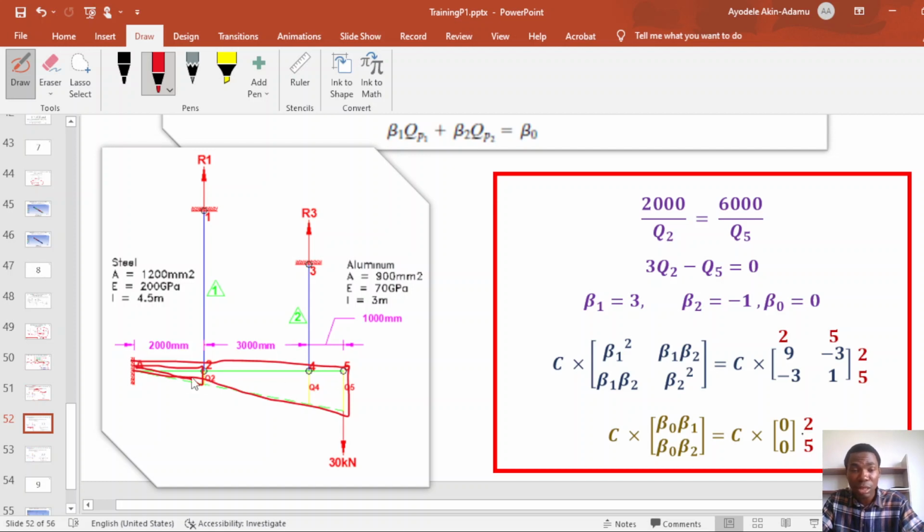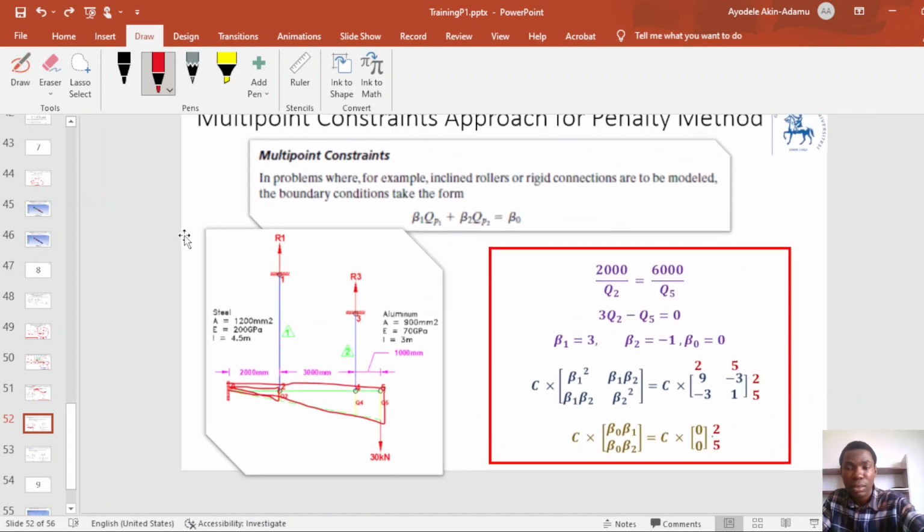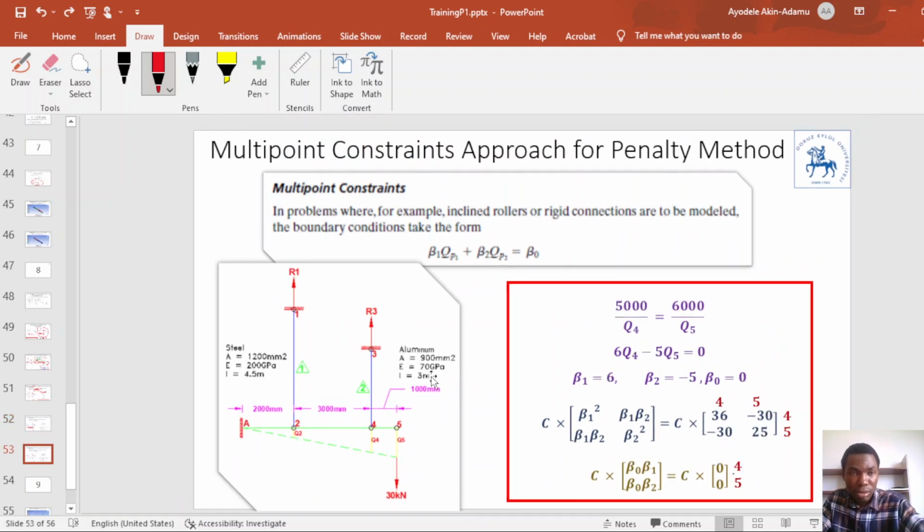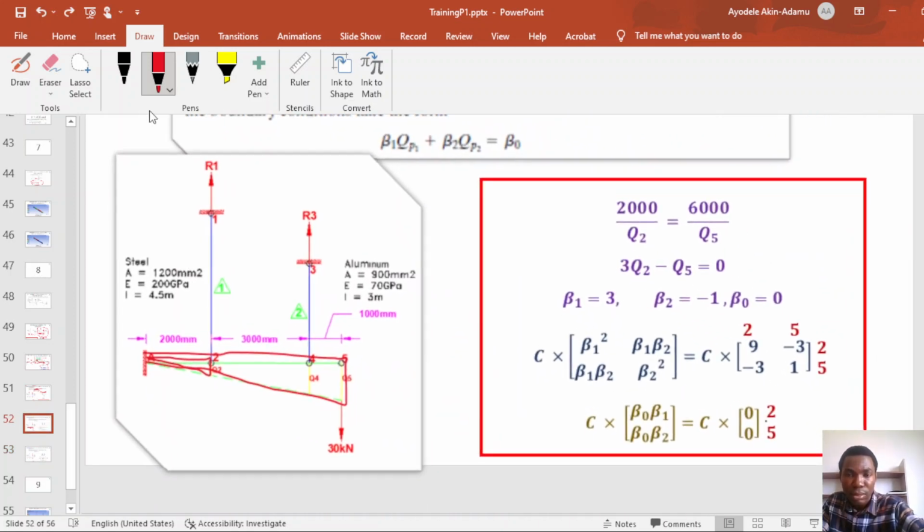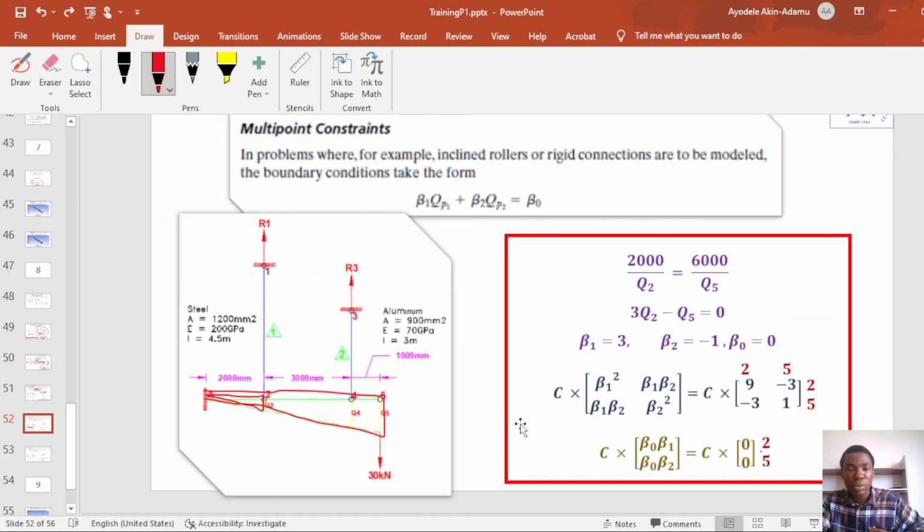So relating these two similar triangles together, we get 2000 mm, that is the length from node A to node 2, divided by the vertical displacement Q2, equals 6000 mm, that is the distance between node A and node 5. 2000 plus 3000 plus 1000 is 6000, divided by Q5.